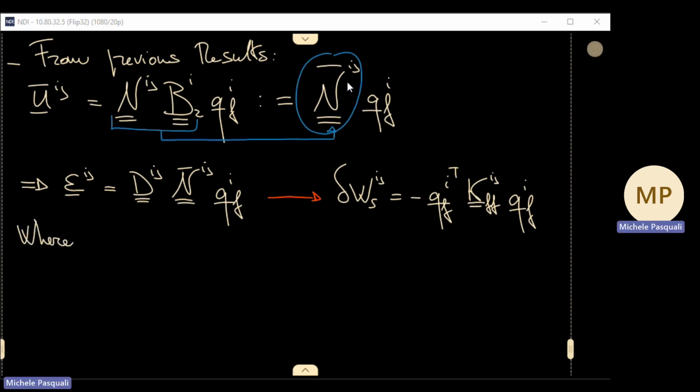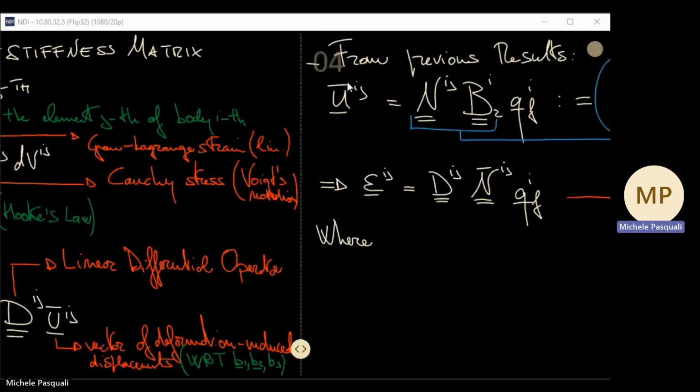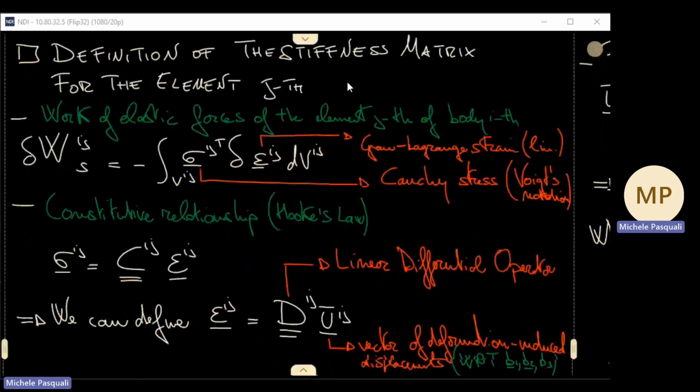Okay, so now we substitute this expression in the previous expression of the work that we have here, at the very first page. So we substitute everything in here and we use the constitutive law.